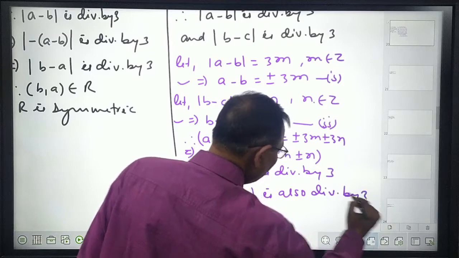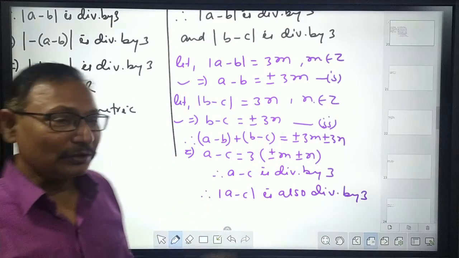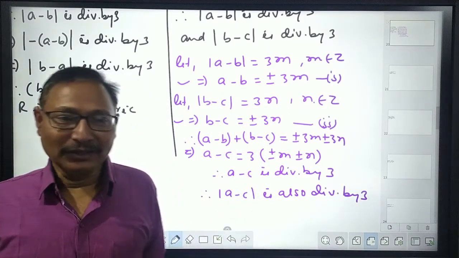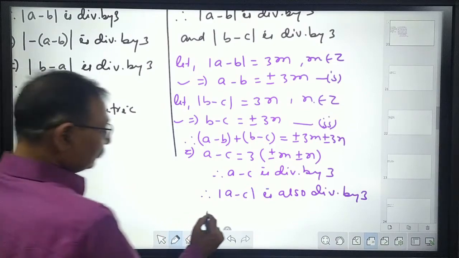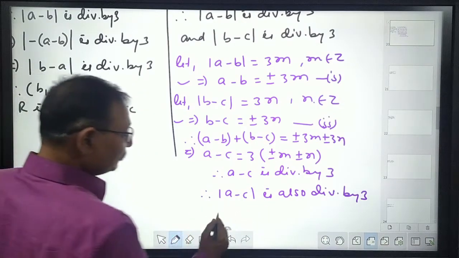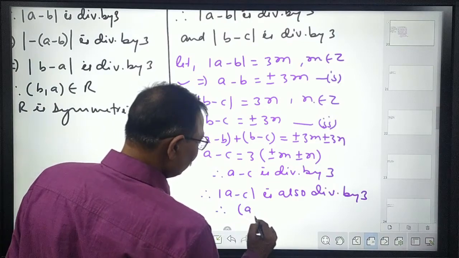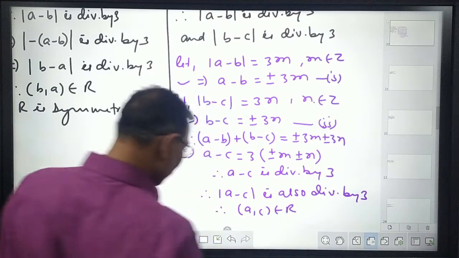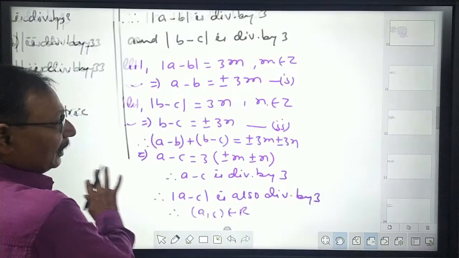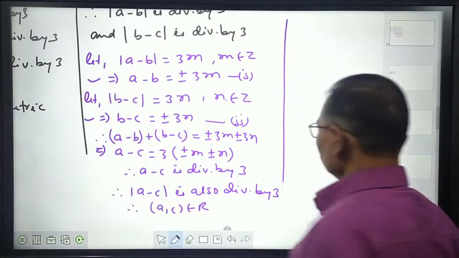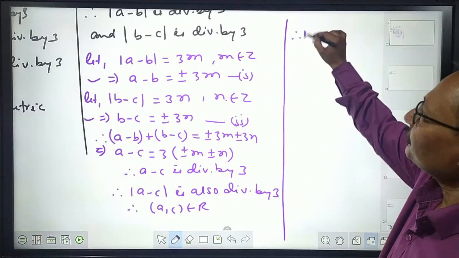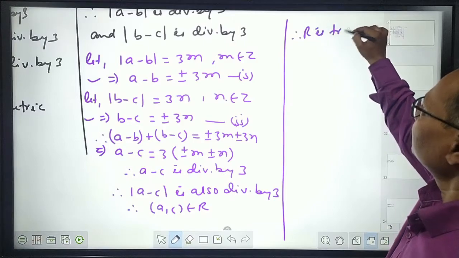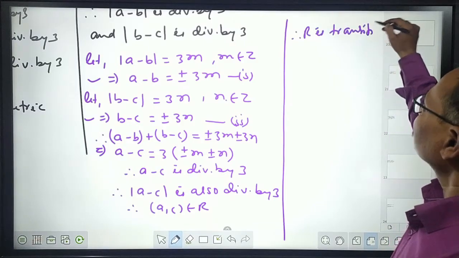Divisible by 3. And now tell me, if modulus of a minus c is divisible by 3, then it is fulfilling the condition. So we can say a comma c belongs to R. Hence a comma c belongs to R. Therefore, R is transitive.